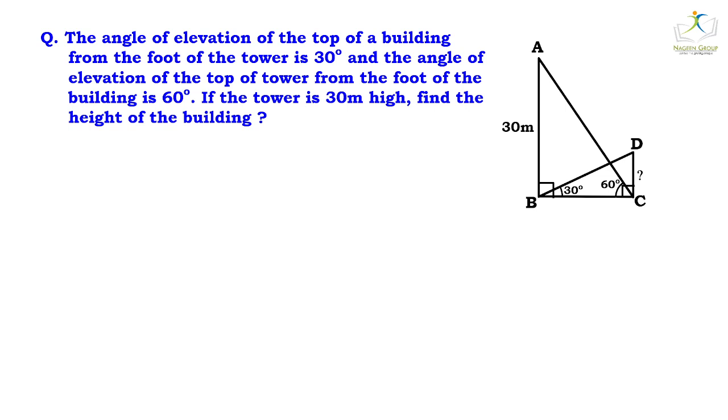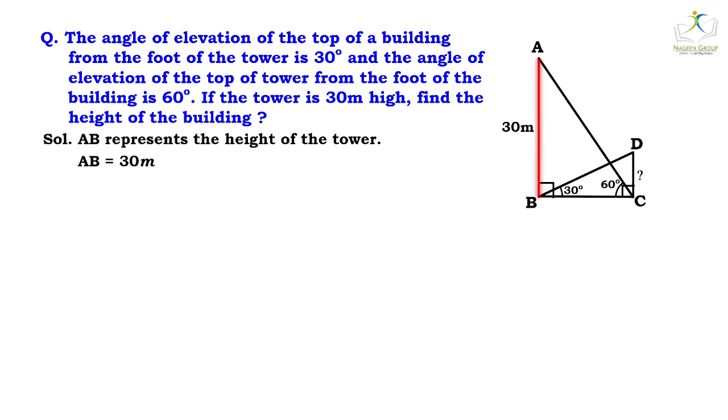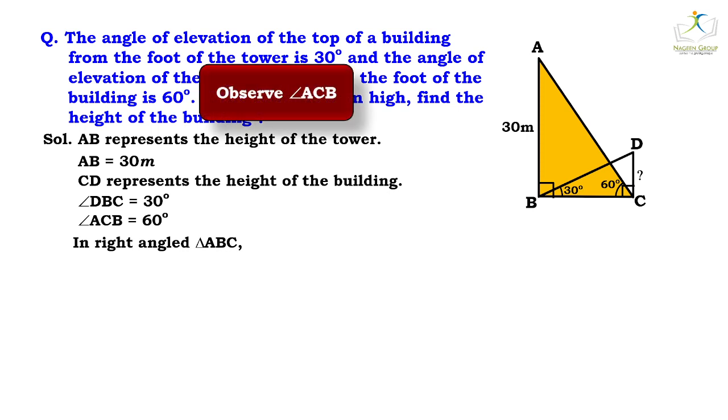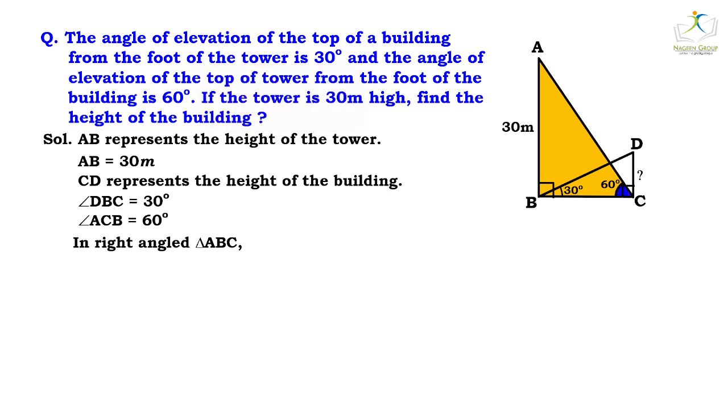So this is the figure which we got here. From here, how to find it? AB represents the height of tower, 30 meter. CD represents the height of building that we need to find out. One angle is given here. So first of all we consider a triangle ABC. Observe angle C, which is here 60 degree.